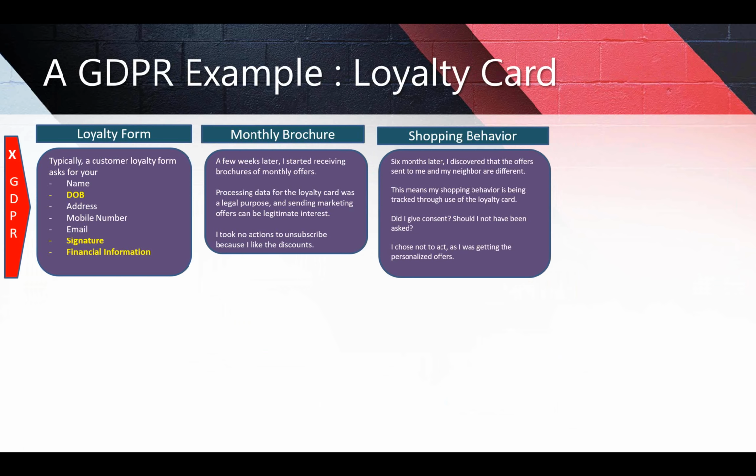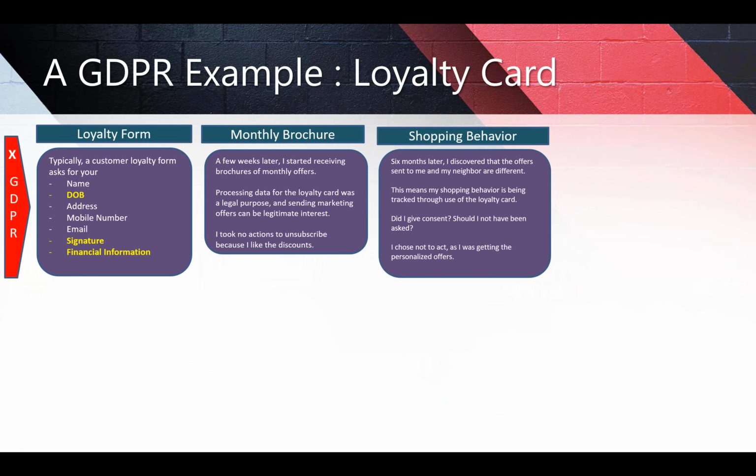So it means they are tracking you as a single person, as an individual. They started monitoring what you are buying from their store. It could be something related to your personal things as well. But did they ask your consent to do that?